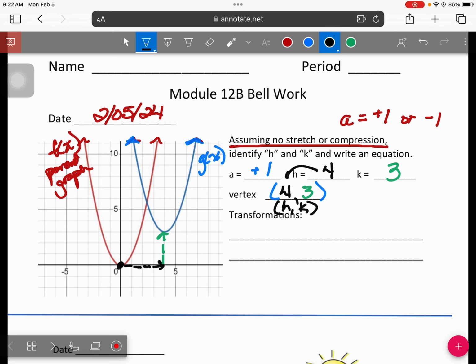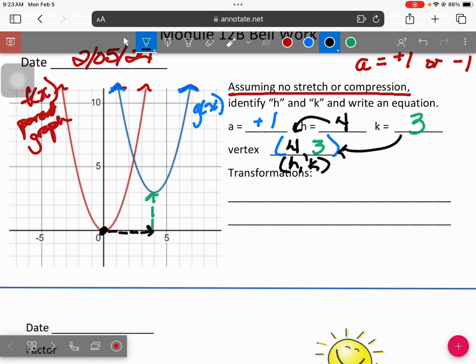So my H was 4 and my K was 3. How did I get that? H from the parent graph here was 1, 2, 3, 4 spaces to the right. So 4 spaces to the right. And then we went up 3 spaces. Okay? Hey, if you don't know, that's why you ask, right?